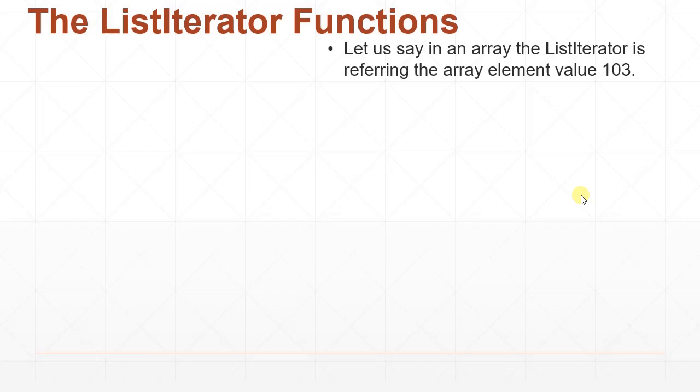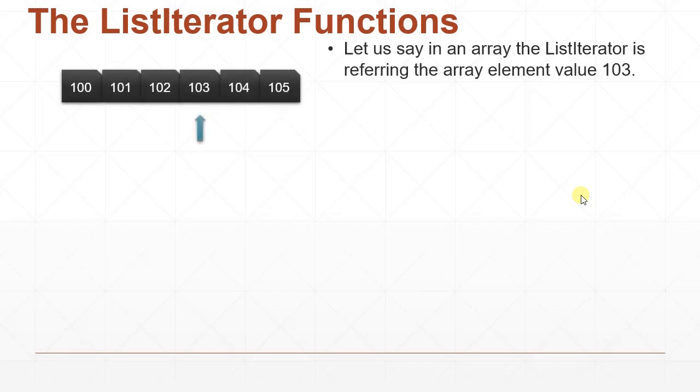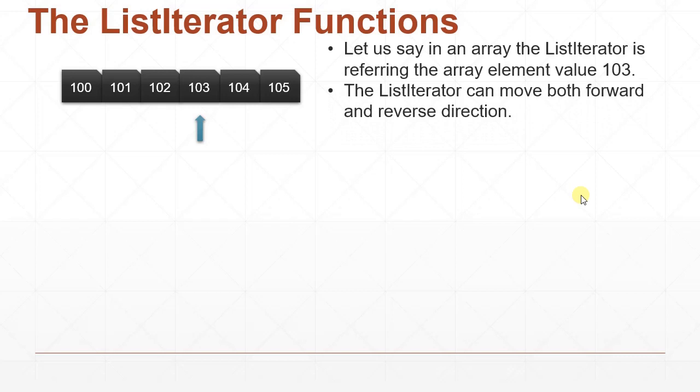Let us look at some of the ListIterator functions. Let us say the ListIterator is referring to an array element with value 103, in the middle of an array list. The ListIterator can move in both forward and reverse direction.